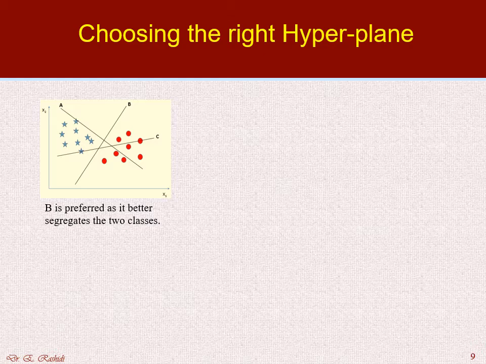For hyperplane A, these points are on the same side, so they are going to be classified as the other class. So we have classification error. This is also true for hyperplane C, which misclassifies these points as well.